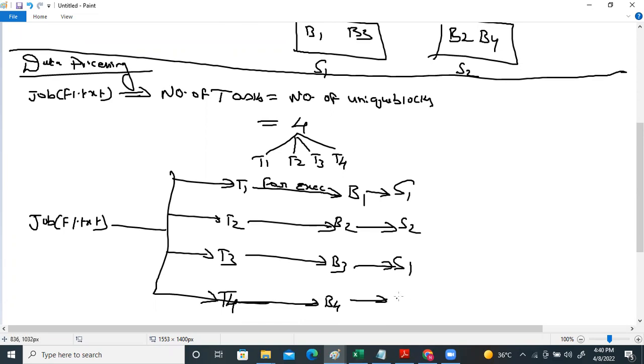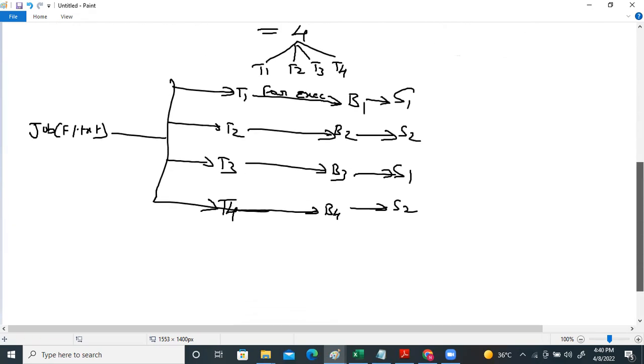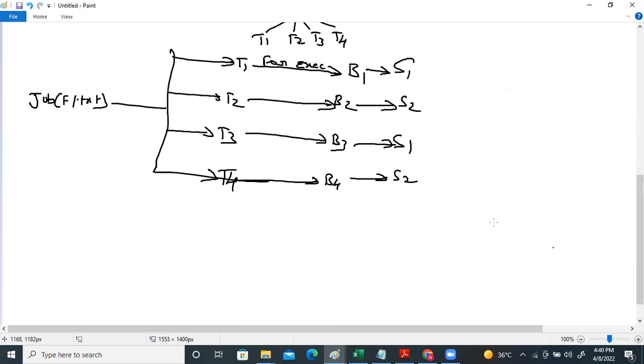So if you observe, S1 is executing the T1 task and the T3 task. S2 is executing T2 and T4.